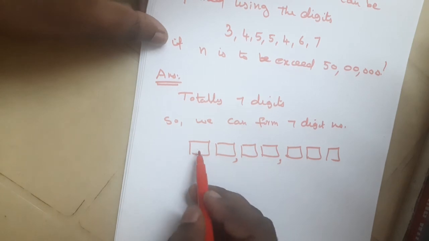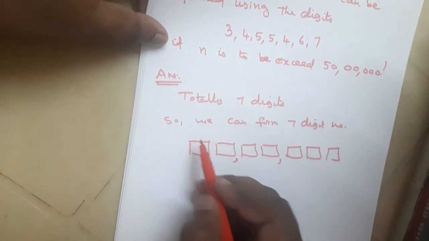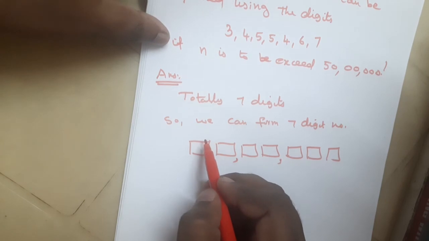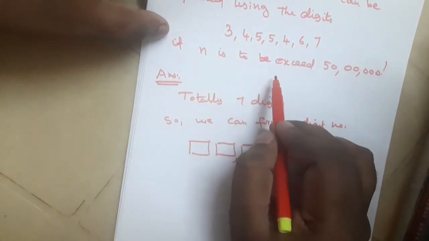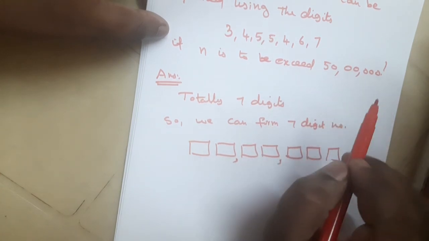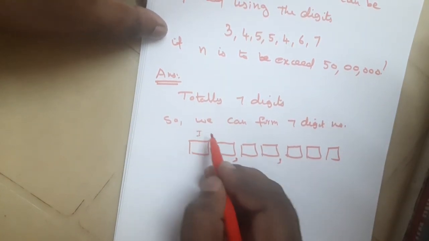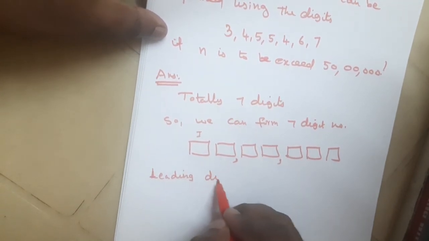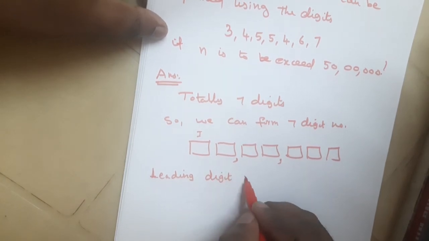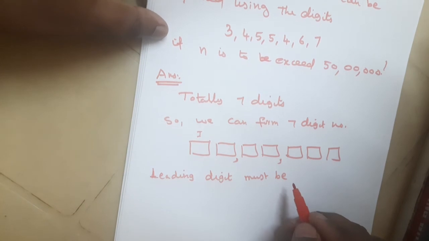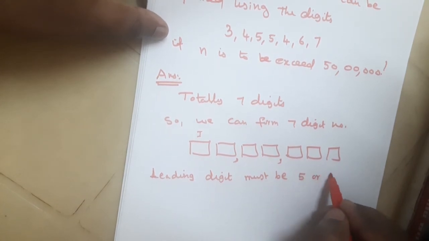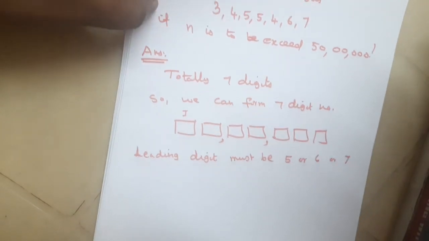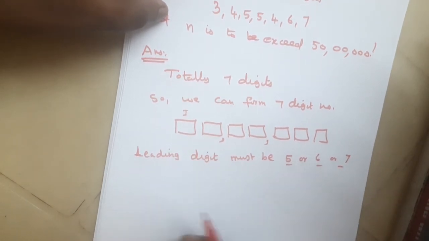What is the question? The n is to exceed 50 lakhs. So in the first position, the leading digit must be 5 or 6 or 7. So totally we have 3 possible ways.